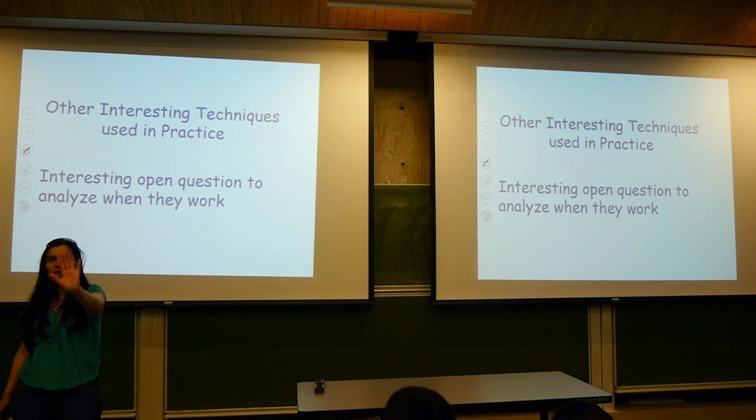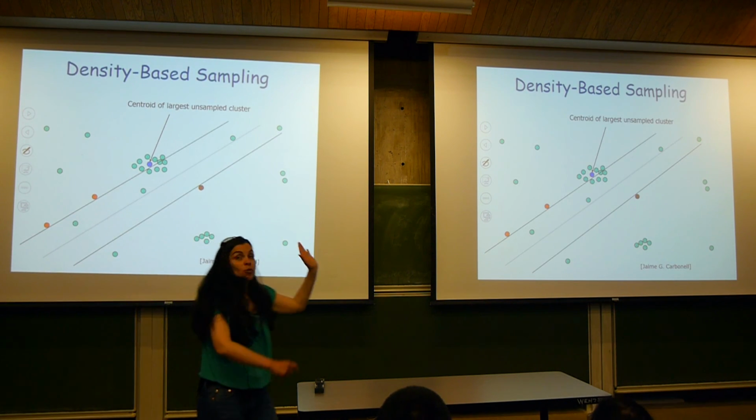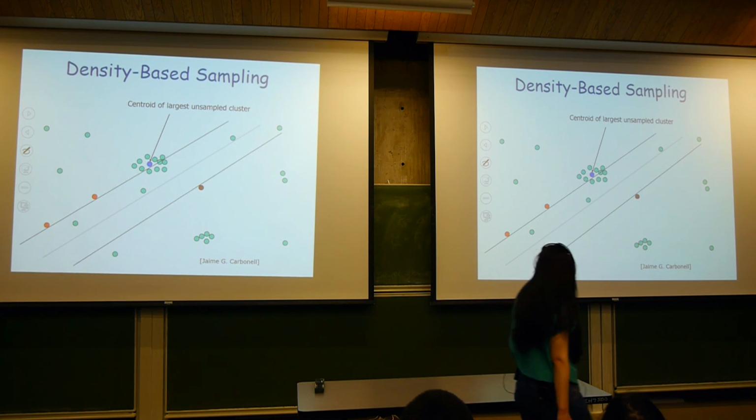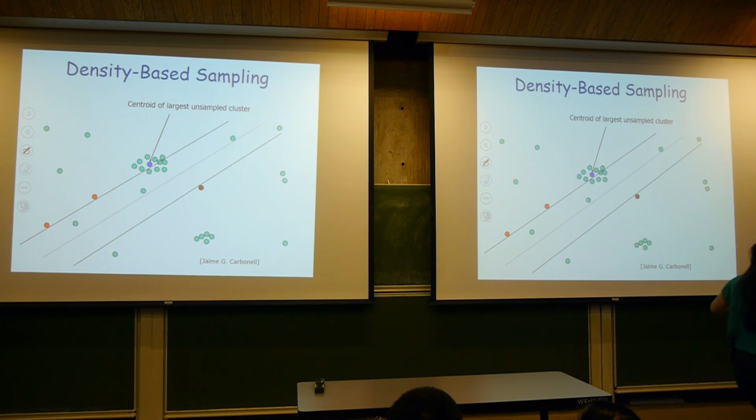But I also want to mention a few other heuristics that people use in practice, because you might wonder. I stole these slides from Jaime Carbonell. Here are some other heuristics. For example, maybe you still do an SVM style of algorithm. You have some current guess for the target.